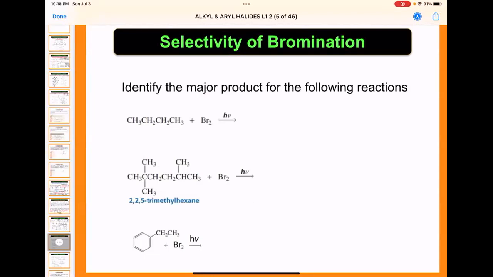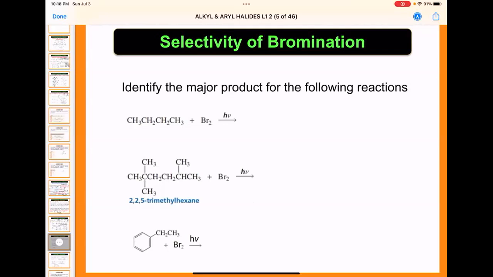Tertiary CH bonds were also cleaved more easily than secondary hydrogens, and hydrogen on a secondary carbon was cleaved more easily than primary hydrogen, because of hyperconjugation. This difference in stabilities leads to differences in the CH bond energies, but bromine has less energy.